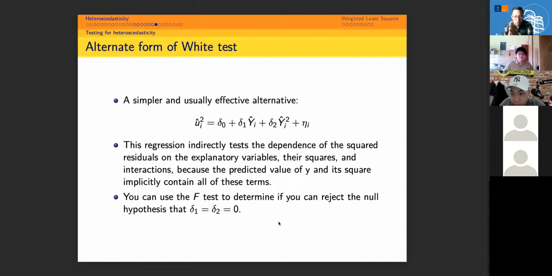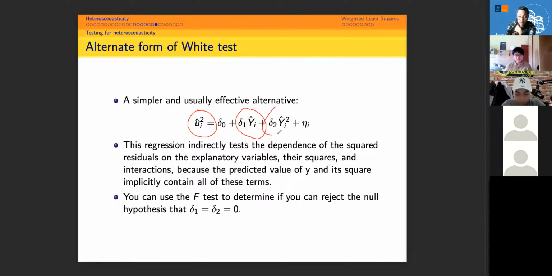Okay, so the regression indirectly tests the dependence or the relationship between the squared residuals and the explanatory variables. Why the explanatory variables? Because the estimated value of y is actually a function of the explanatory variables.